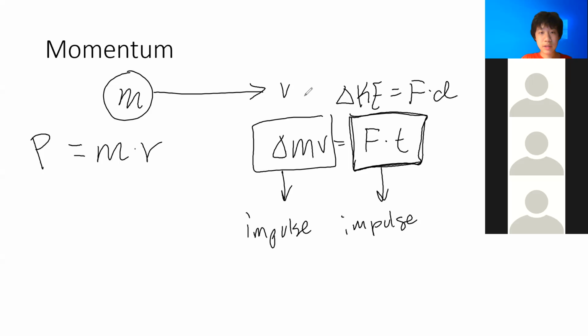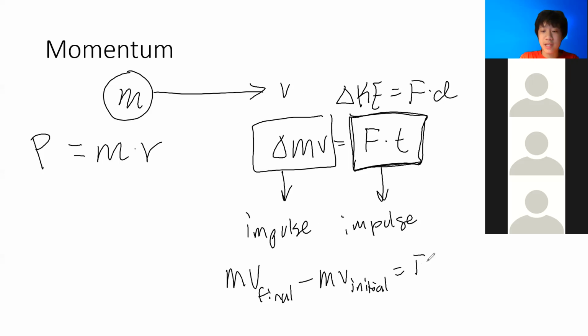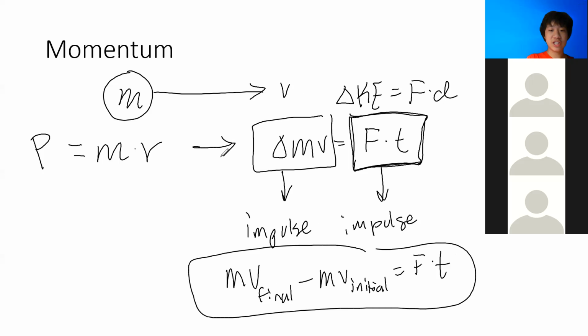So another way we can write this equation is momentum final minus momentum initial equals force times time. Because that's the definition of change in momentum. So these are two ways you can define the relationship between momentum and force. Final momentum minus initial momentum equals force times time.